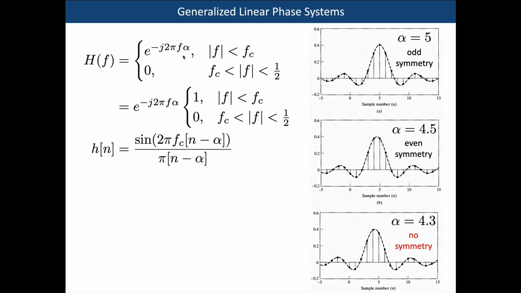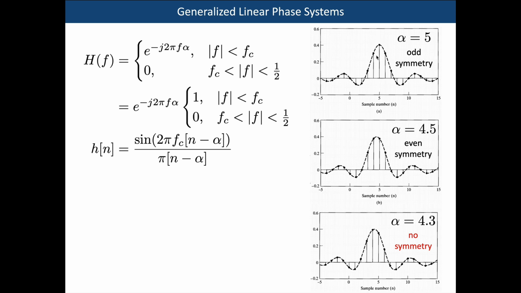Okay. So with that as background, let's take a look at a couple of different examples. Let's take alpha equal to 5 for this ideal low-pass filter that has a sinc function as its impulse response. If we delay the sinc function by 5 samples, we're going to get a sequence that looks like this that you see here on the right. If you focus on the symmetry of the impulse response coefficients, at n equal 5, we have a number.